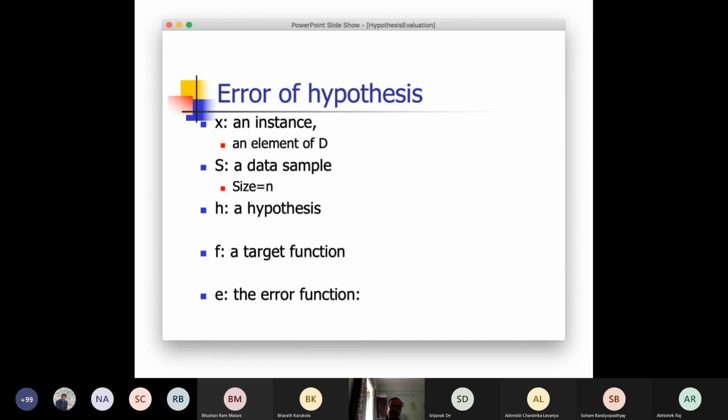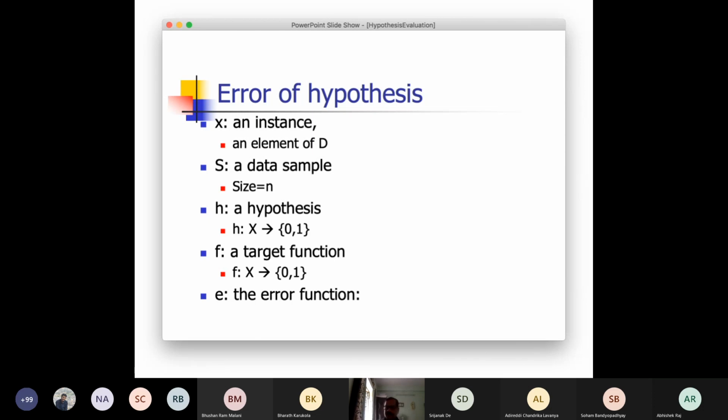S is a data sample of size N, so S is a data set of size N. And H is a hypothesis, again in the form of a Boolean function, so you are mapping your examples, training instances, to either 0 or 1, like two classes.